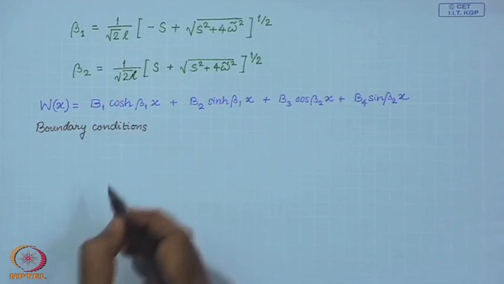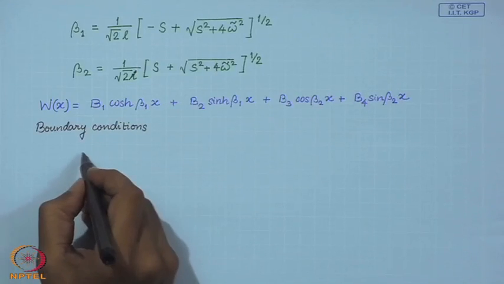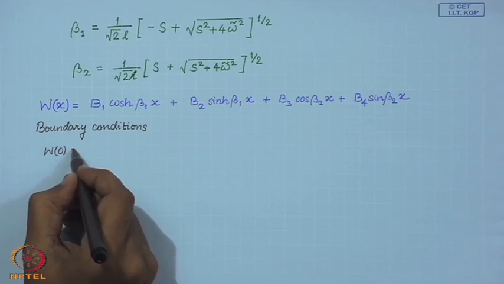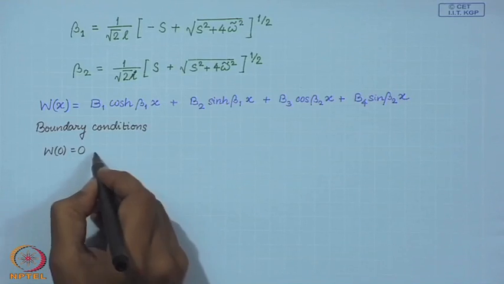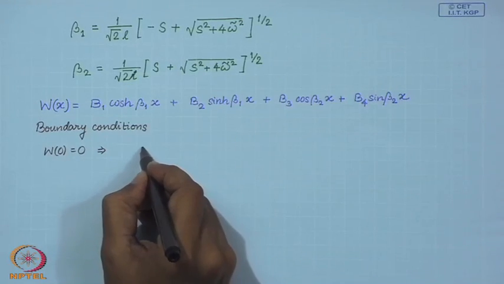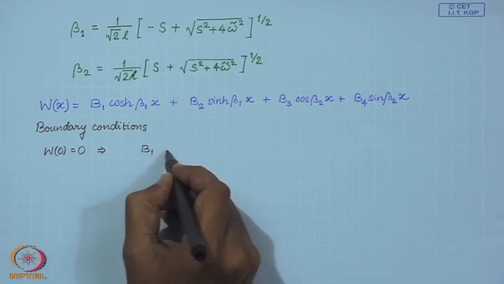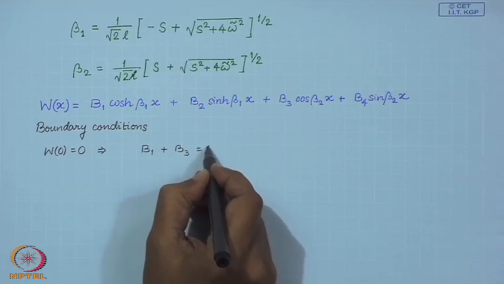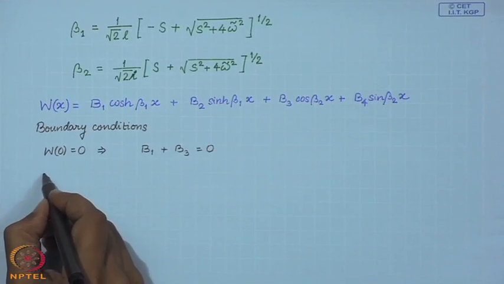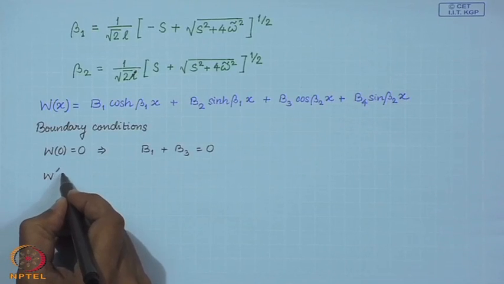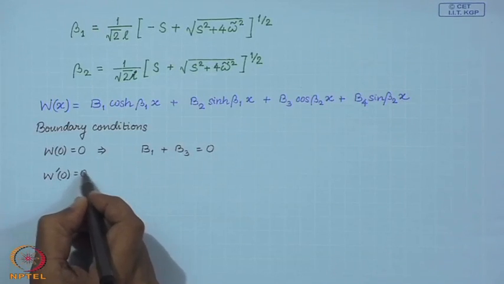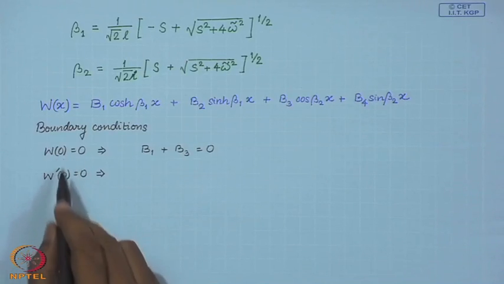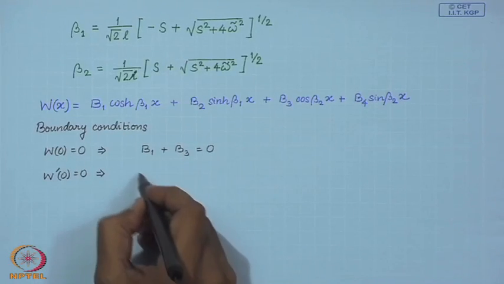So, the boundary conditions as I had written down, so the displacement slope being 0.